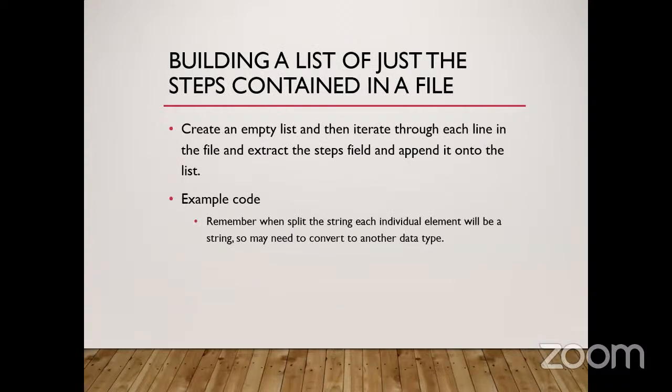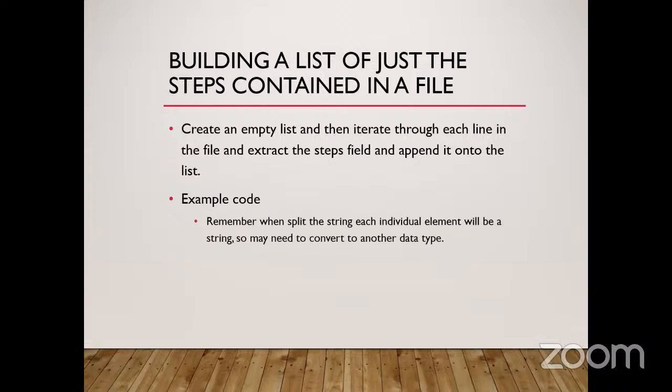You can build a list that contains just one column in that file. So if I only needed the dates that you walked and not how many steps you walked, I could open that file, read the data in, separate it out, and then take just column 0 and write that into another list.